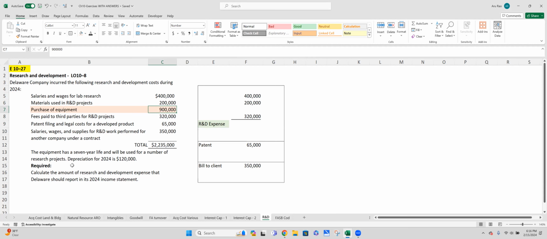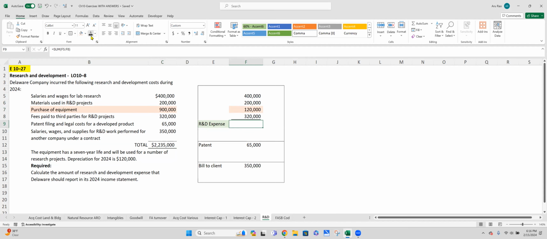When I have depreciation, and they're telling me the number here, it's 120,000 for the current year. That number is what's going to get expensed. So of the 900,000, only 120 will get expensed because the asset is going to be used for numerous research projects. Only the depreciation expense gets added up to the cost of R&D.